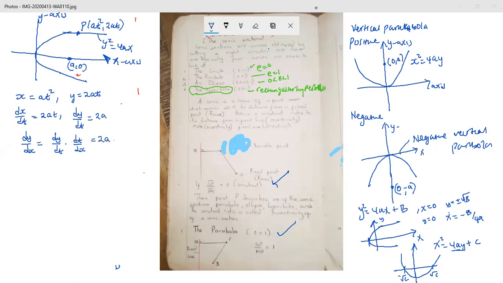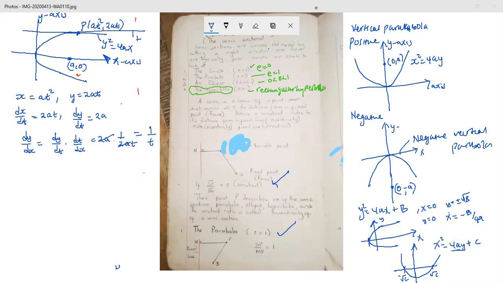Then dt/dx: this is dx/dt, yet this is dt/dx, so reciprocate this to give us 1 over 2at. I can reduce the 2a by division, and I get 1 over t as the gradient function of that parabola at any point. When I get its gradient function, it means I can find the gradient of the tangent.